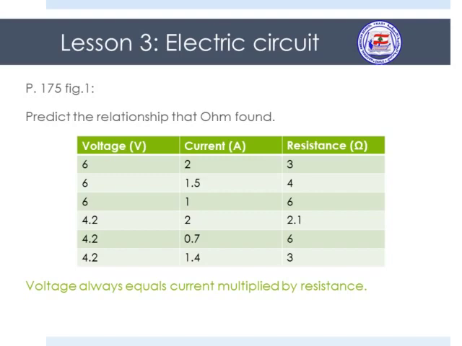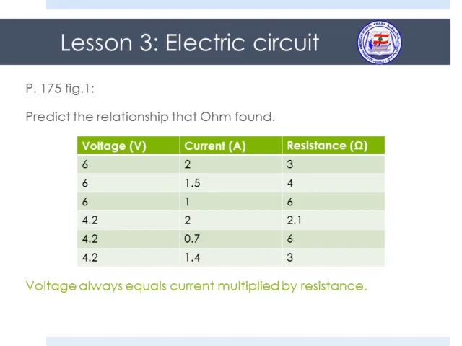If we multiply the resistance, which is 3, by the current, which is 2, we get 6, which is the voltage. So from the first line, we can conclude that the resistance times current is equal to the voltage. Let's see if this equation applies to the rest of the lines.